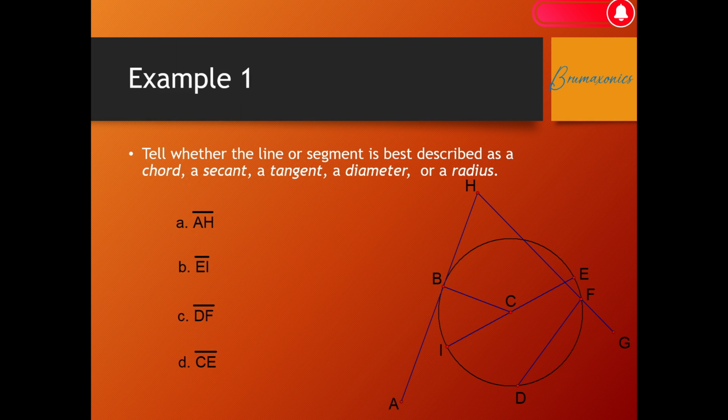You have to be able to classify them and deal with them. The reason why I'm saying this is because you can get questions based on the chord, secant, tangent, and the diameter itself. And with that, you won't be able to understand the structure of the circle with these lines. So you have to think about one thing.